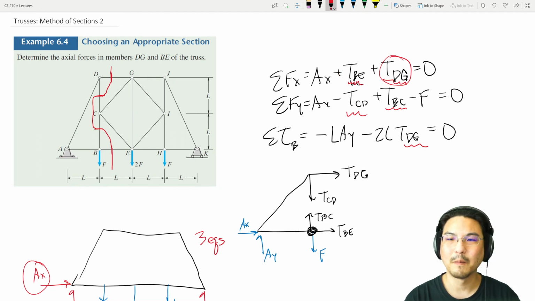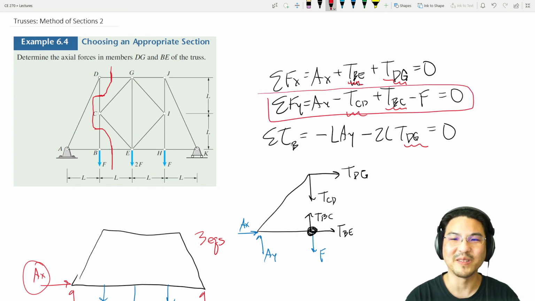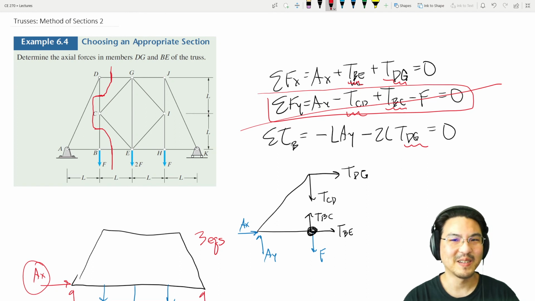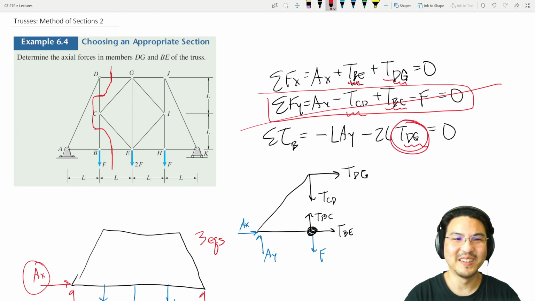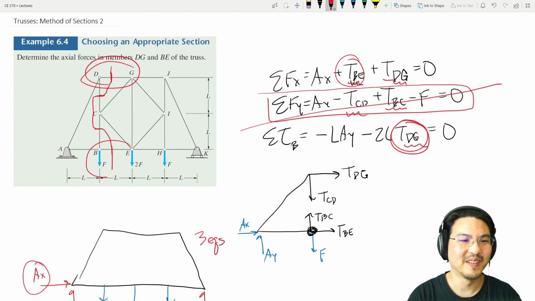and then this is still statically indeterminate. We wouldn't be able to solve this, right? That's not enough information. We're still stuck. It's still statically indeterminate. But we would know the answers for DG here and BE here.